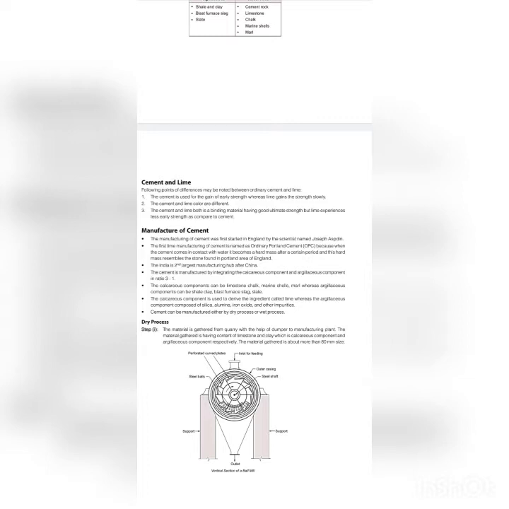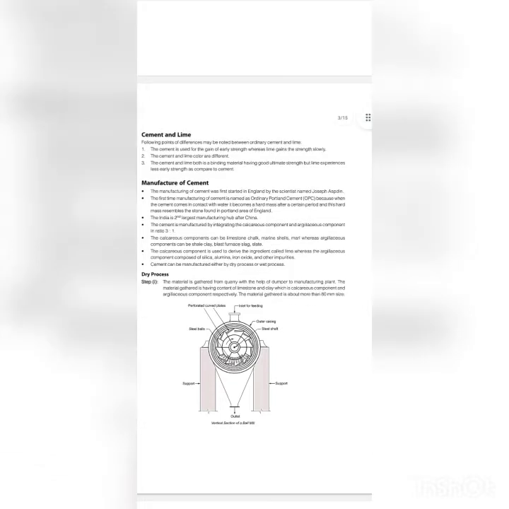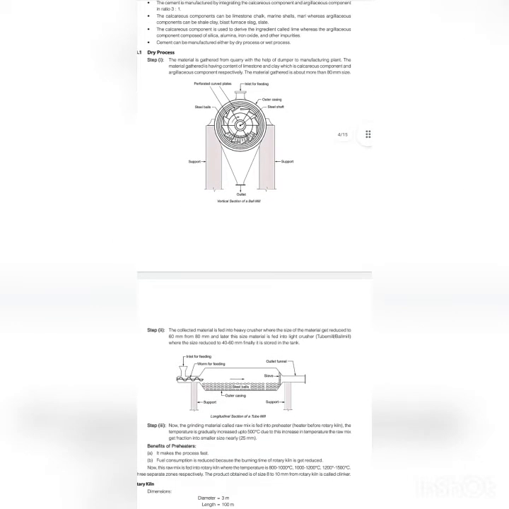The materials gathered are of size more than 80. Step 2: the collected materials are fed into a heavy crusher, where the size of the material gets reduced from 80 to 60, and later this material is fed into a light crusher, where the size is reduced to 40 to 60. Finally it is stored in the tank.